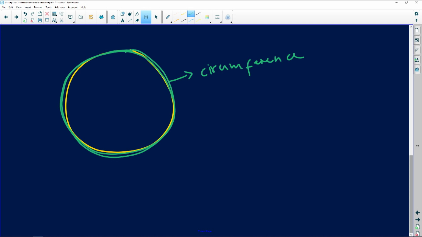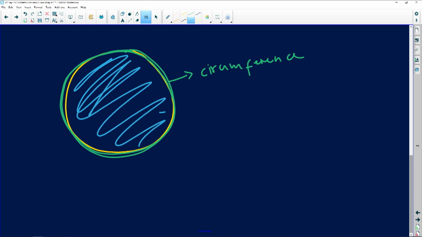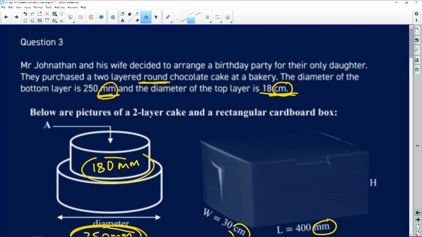Okay. And then the inside of it is going to be the area. So we just calculated those two things. So just know the difference between those two things. The next question.